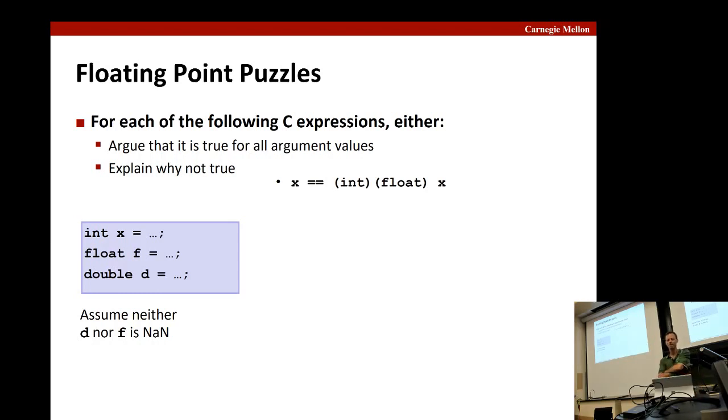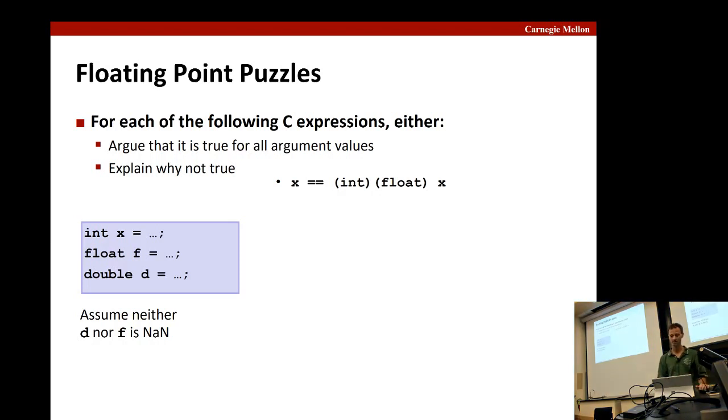Okay, so is this true? If I take an integer x and I cast it to a float and then back to an integer, do I get back the original x? Not necessarily, because if the int takes up more than 23 bits, right, it'll get rounded.